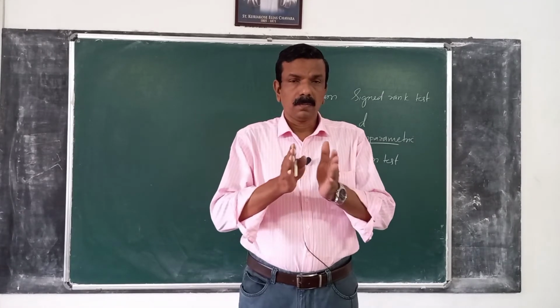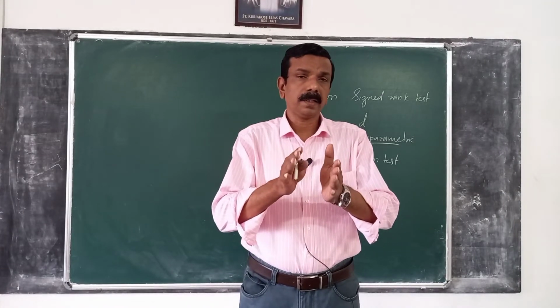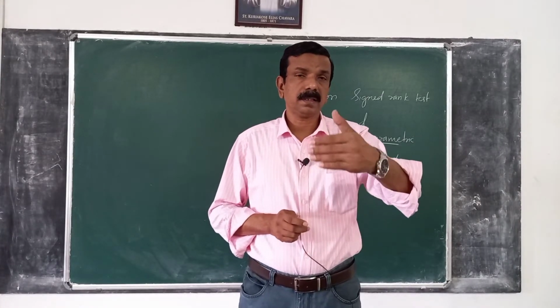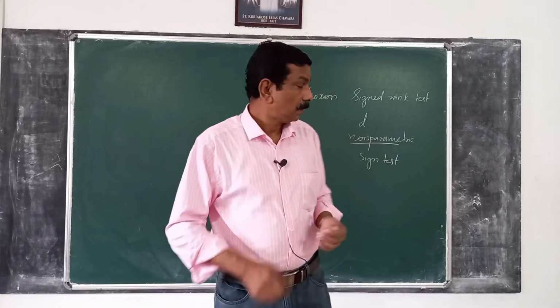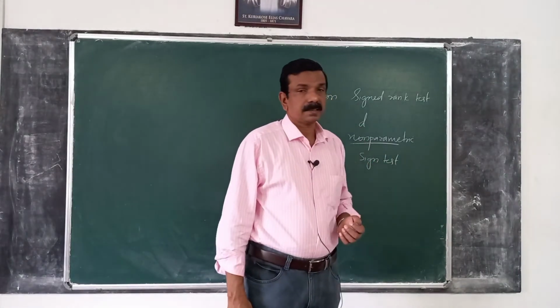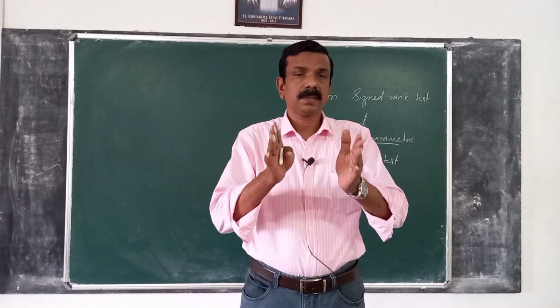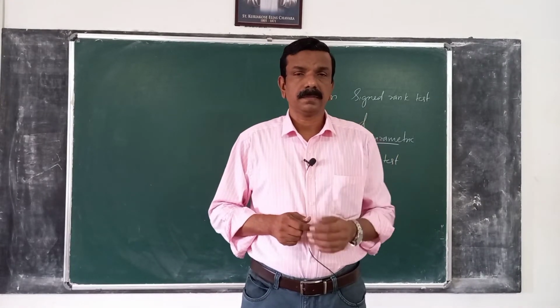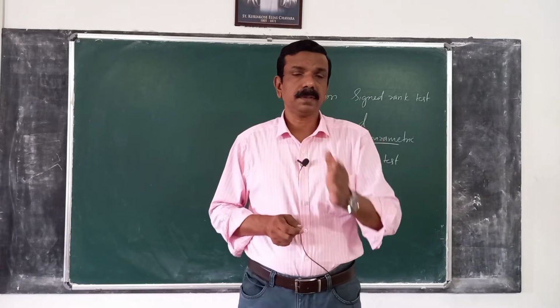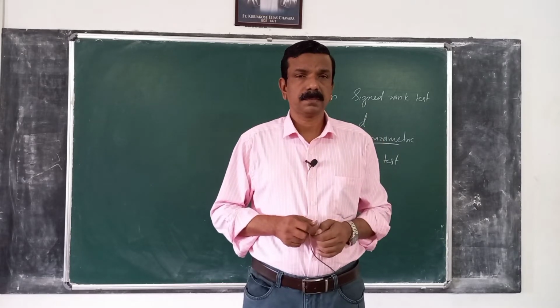And the advantage of the Wilcoxon signed rank test over the sign test is that in the sign test we consider only the signs, positive and negative, of the difference between paired observations.